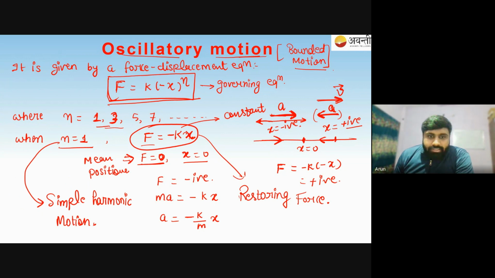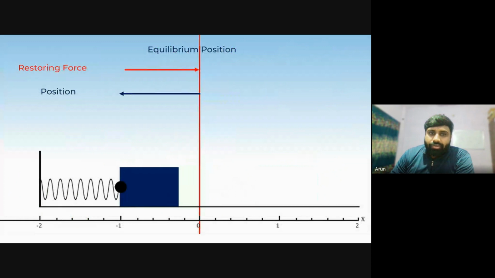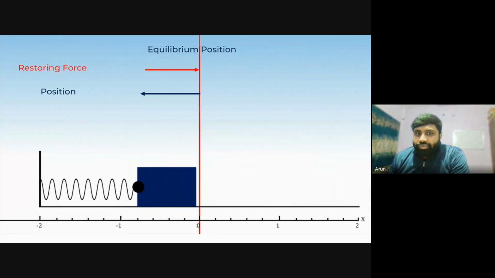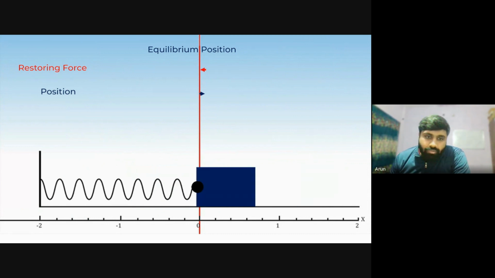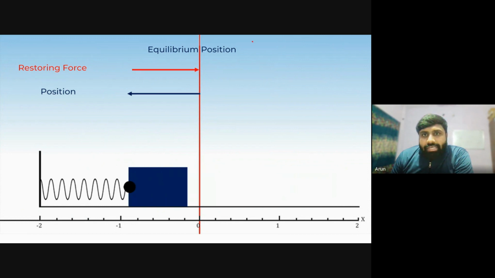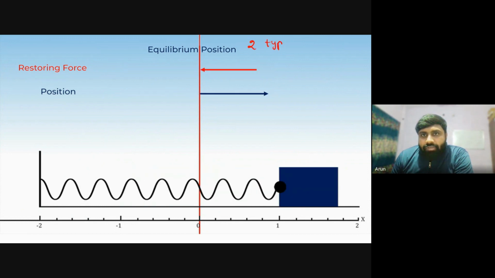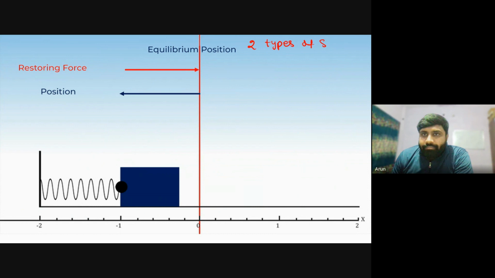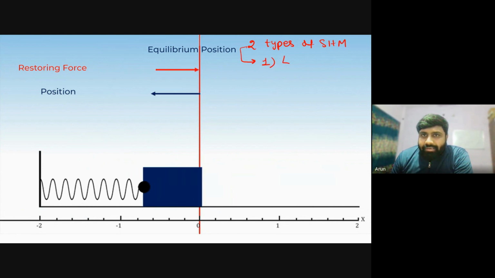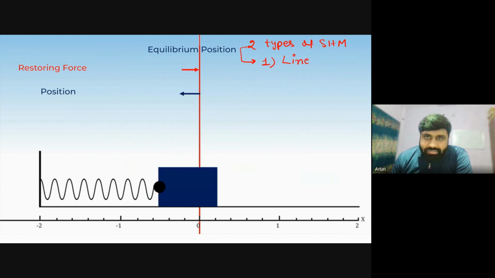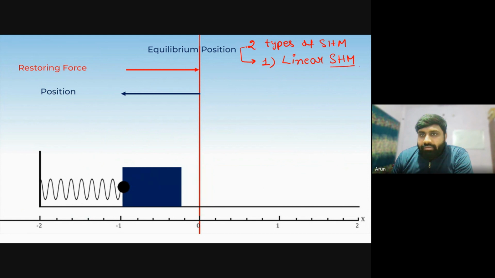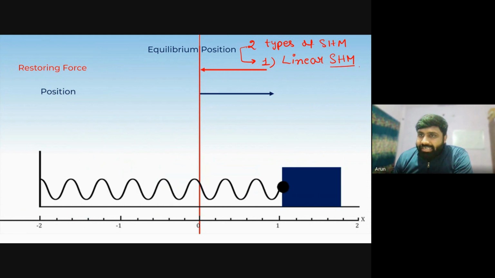Very good. Now, this is a kind of simple harmonic motion. Okay. One thing that I want to discuss, I will discuss it here. There are two types of SHM. The first one is the linear SHM, which you are seeing on your screen, in which the body travels in a straight line.